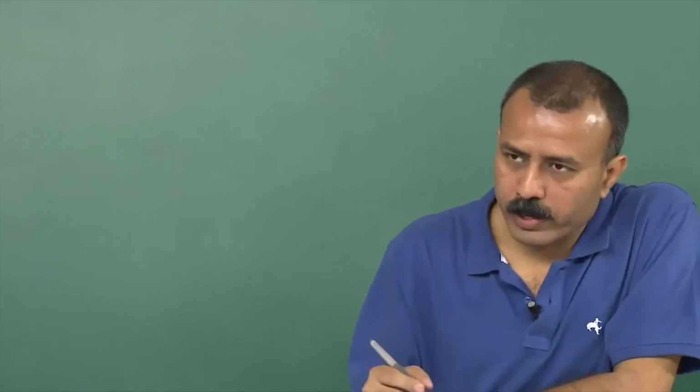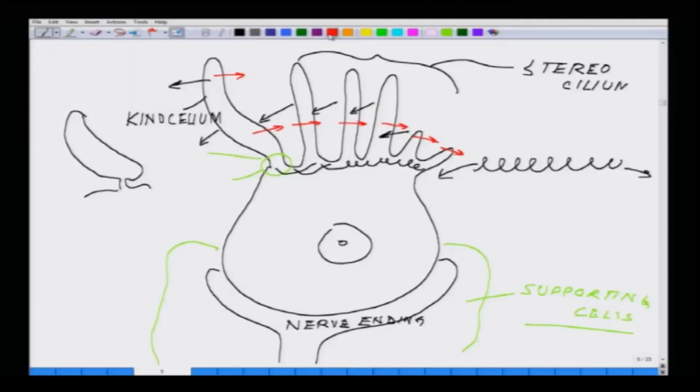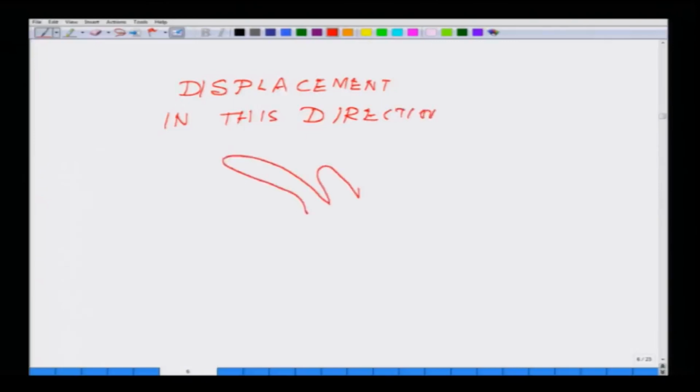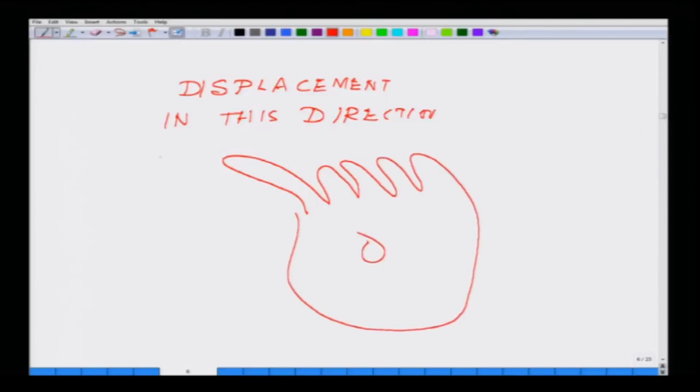So, what we can essentially put out here is this. If I had to put it in text, there will be a displacement in this direction. For example, if all of them are moving like this, this is positive, or generates a signal.